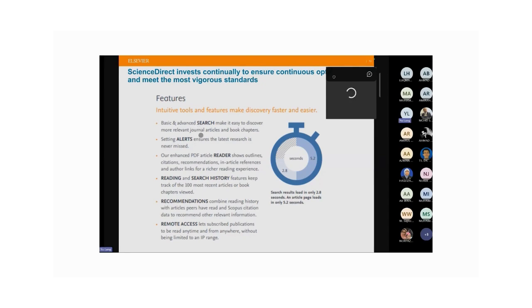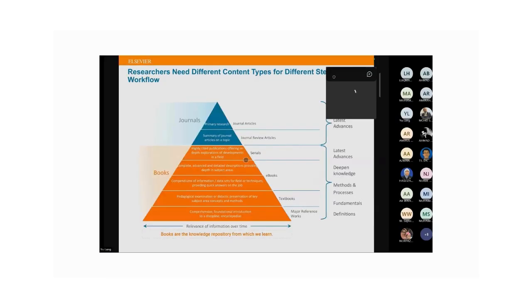Also, you can find 3 different personalized features, which are setting alerts, viewing your reading and search history, and receiving personalized recommendations. As researchers need different content types for different steps in their workflow, you can find both journal content and book content available in ScienceDirect.